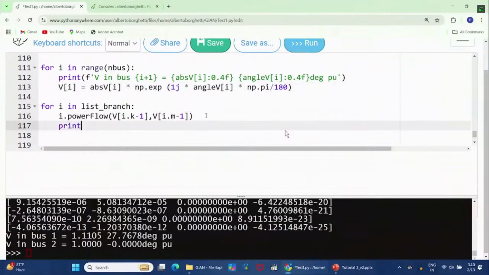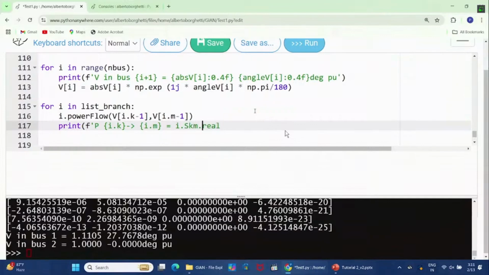So we can print in an f-string, for example, the active power P. We can say the initial bus is i.k, and we can put a symbol like this to show the direction, then i.m. So this is the power from k to m, and it is equal to what is stored in i.skm, but it is the real part, so it is .real.